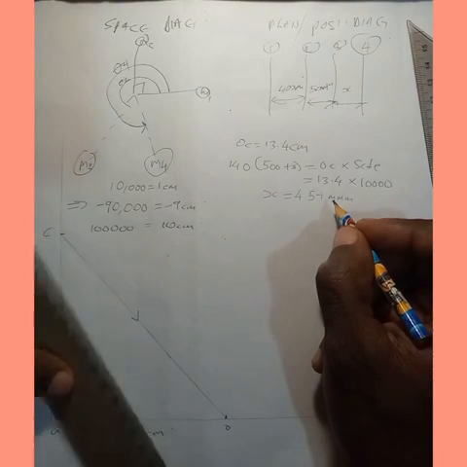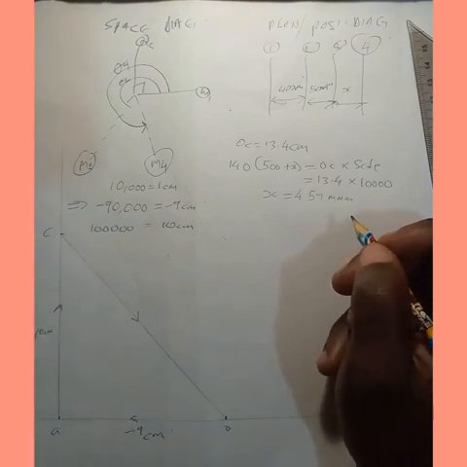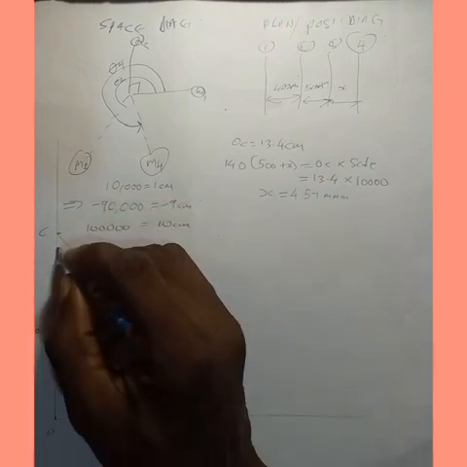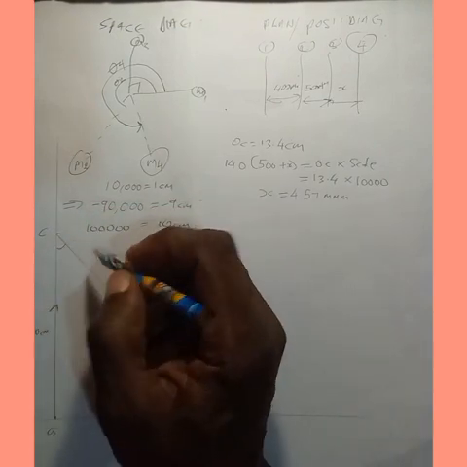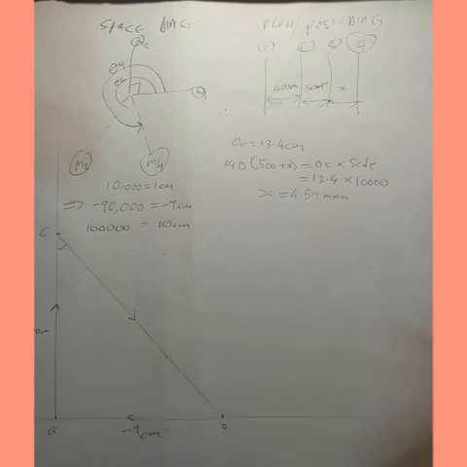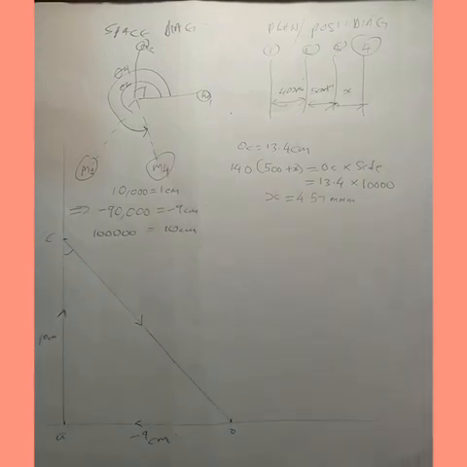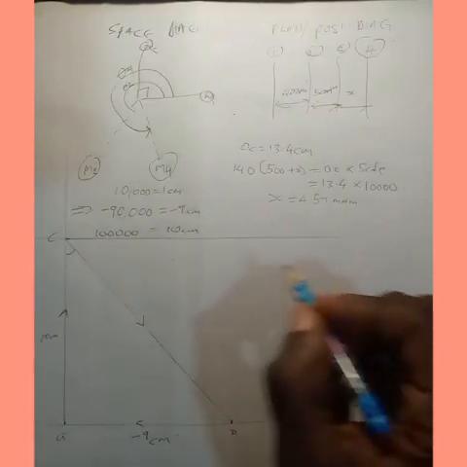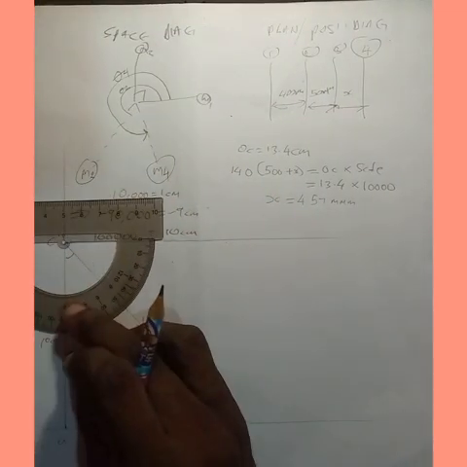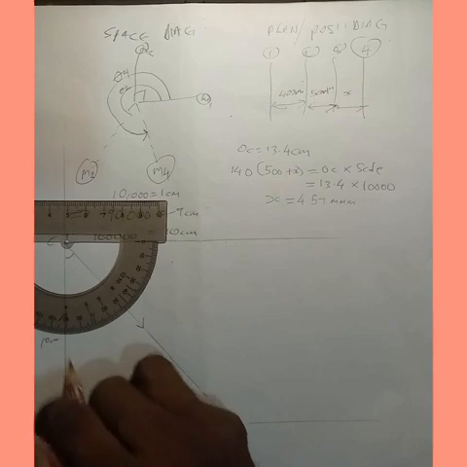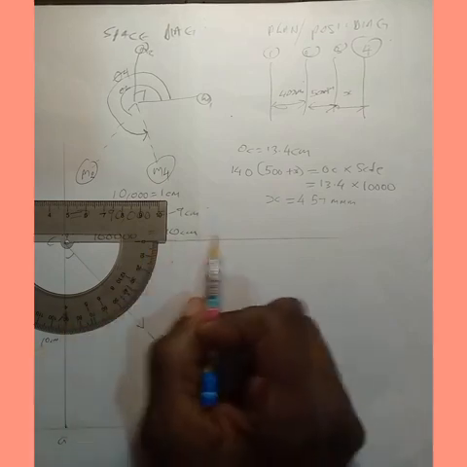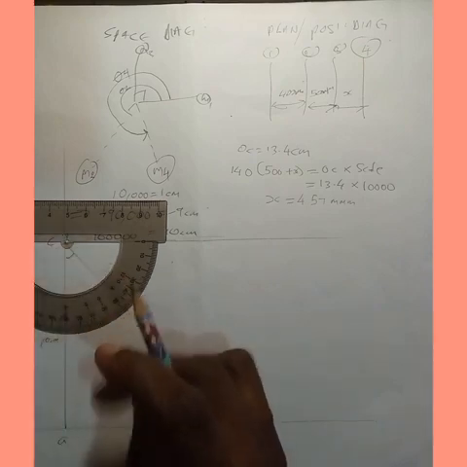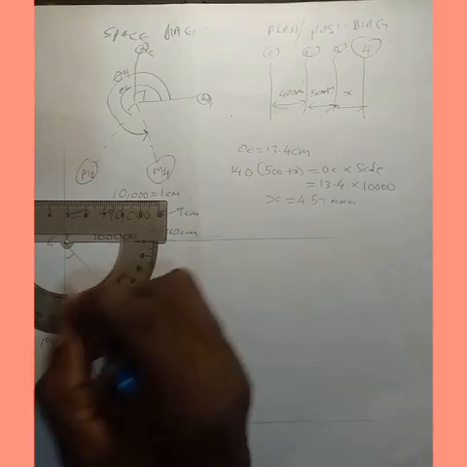So we can also get the angle of inclination of this side. So it means we need to know what angle this is. So we need to draw another horizontal line here so that we can place our protractor there. So now this is the horizontal line. Then you place your protractor, 0 with the horizontal, 90 with the vertical line, 180 with the horizontal, so that we get a more accurate answer.